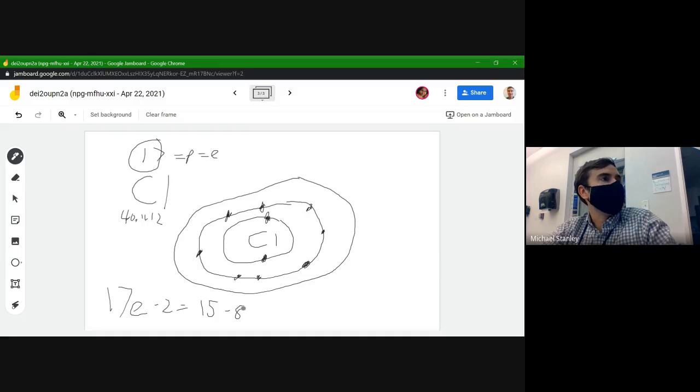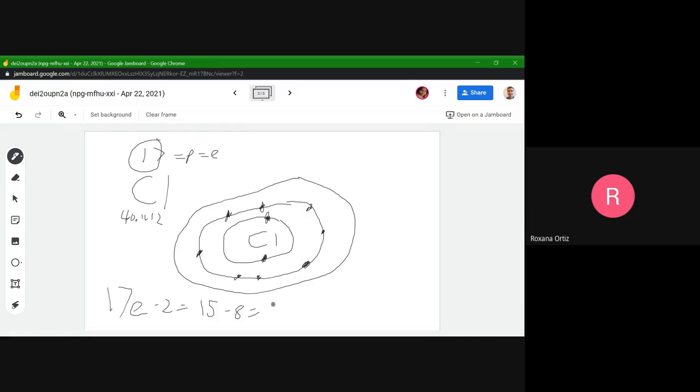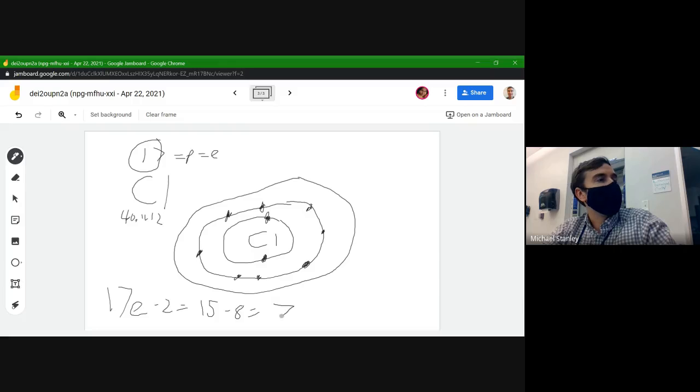So how many electrons do we still have left over? 7. Exactly. We've put down 1, 2 plus 8, 10 electrons total so far. So we have 7 electrons to go.